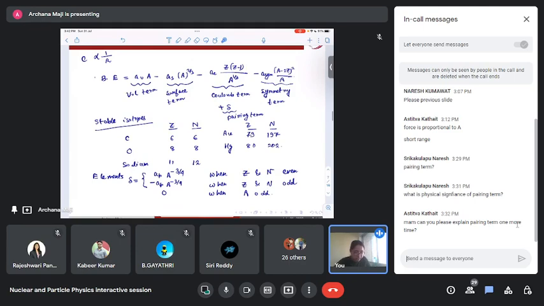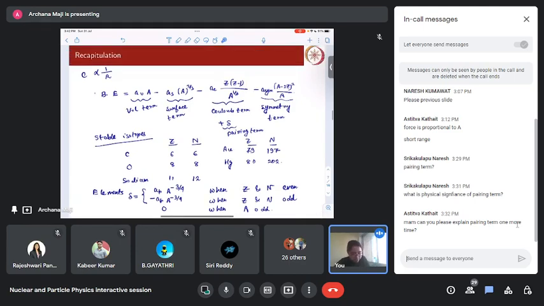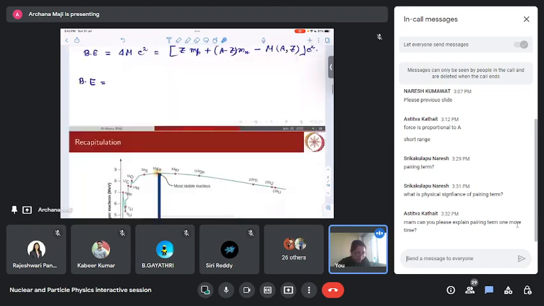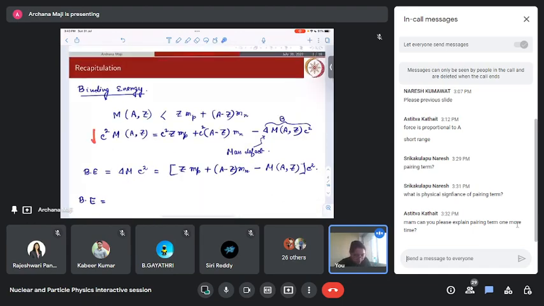We can detect stability from the binding energy, because if binding energy is very large, then the energy of the nucleus is very small, since binding energy is subtracted from the energy of the constituents. That means the nucleus is stable.